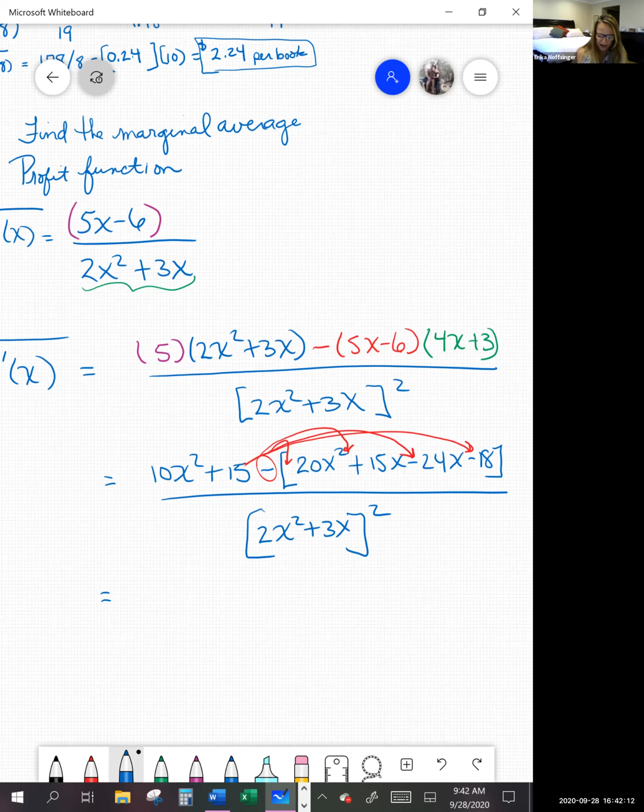So let's combine while we are at it. We have a 10x squared and a negative 20x squared, so 10x squared minus 20x squared is negative 10x squared. Distributing my negative, I have a negative 15x plus a 24x, that's going to be plus 9x. And here, this is going to be a positive 18 plus this 15, so that's plus 33. All over the denominator, quantity squared.